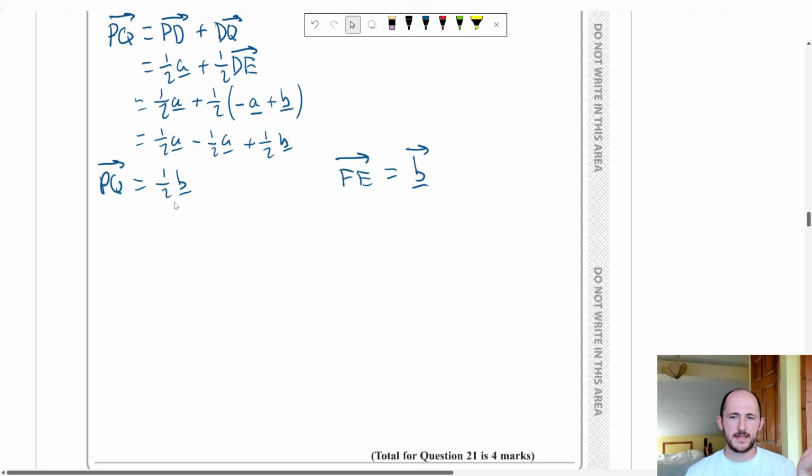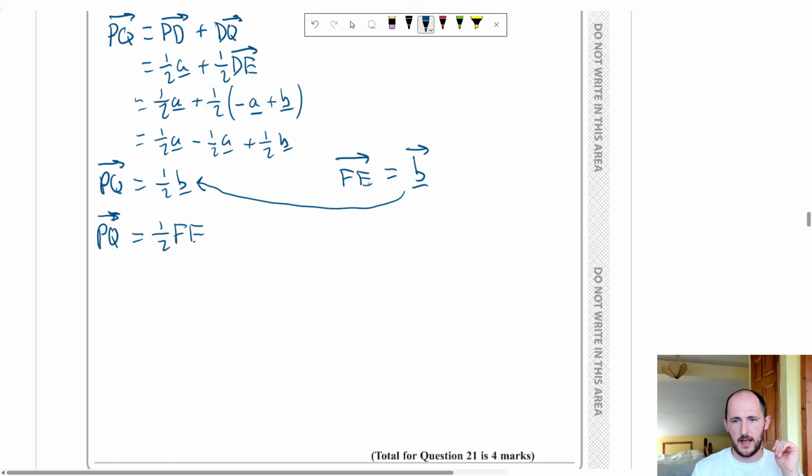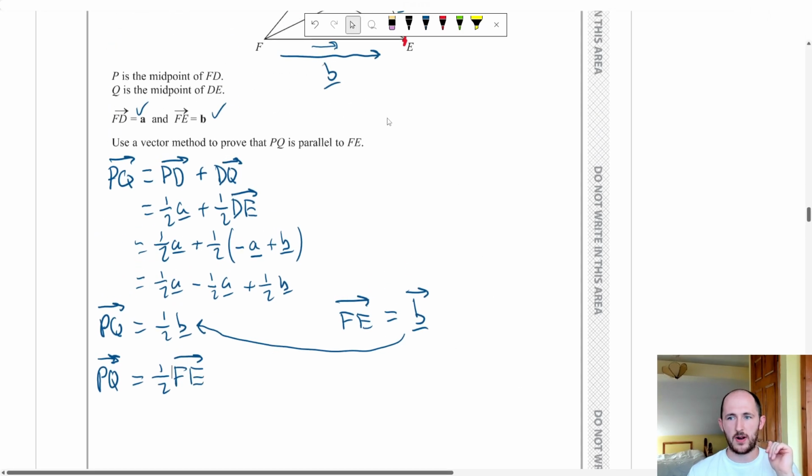Now, factorizing a half B might seem a bit strange, but instead I can say that FE is equal to B, so I can just replace B with FE. So that means PQ is equal to a half FE. And again, remember, if you're factorizing it, you'd write it like I did originally.